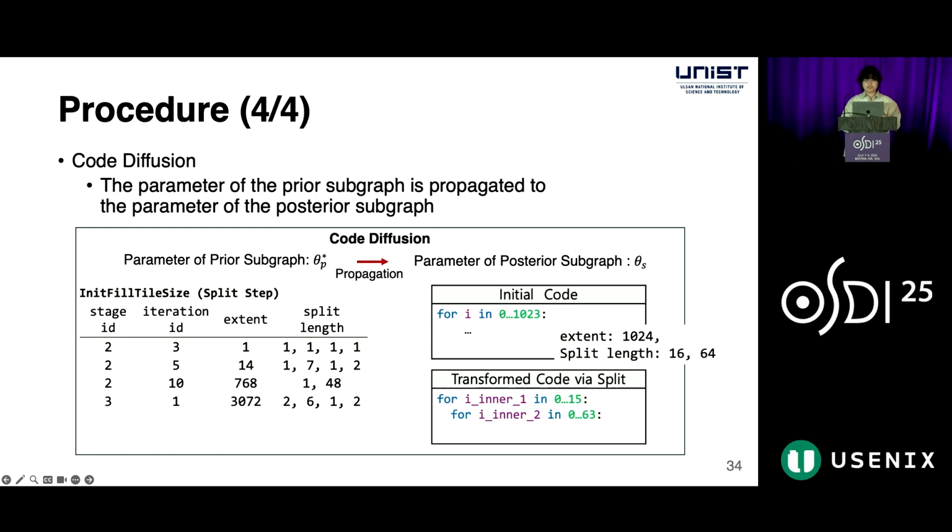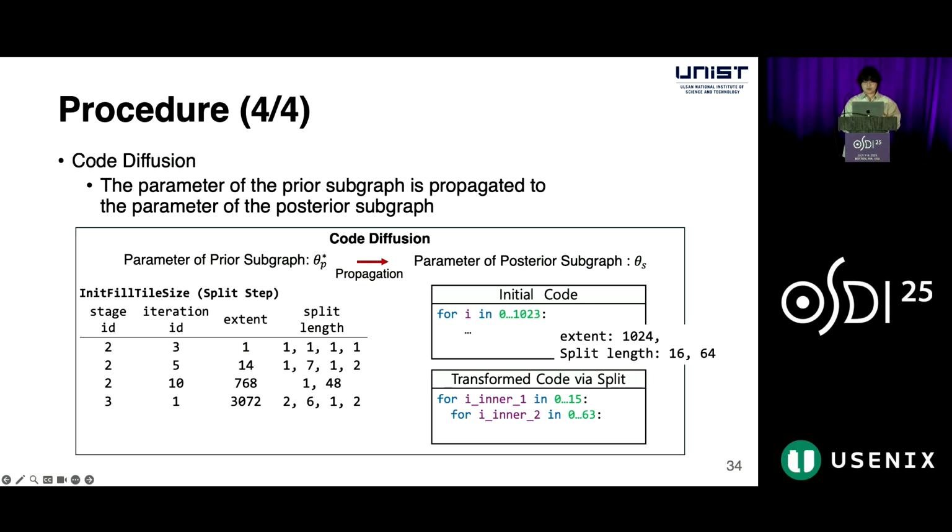We implemented this parameter propagation as part of Ansor's program initialization rules. In particular, we introduced a case called init-field type size, which sets the parameter per loop split. That is, it divides a loop of a given extent into smaller chunks based on the split length.